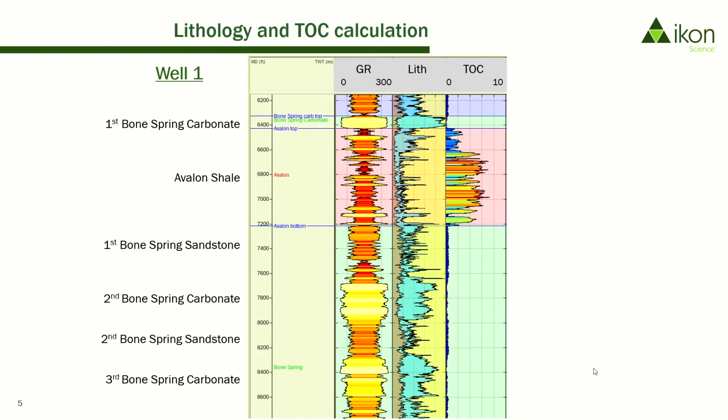The TOC is computed based on the combination of PASI and Lev Vernik technique, which is based on density log predictions. Is there a calibration at the end of that? There's definitely a calibration if you have the core data. In this well, there's no core data, but in the offset well, we had some very good quality TOC measurements in the core, and so we were able to calibrate our TOC process using this core measurement.